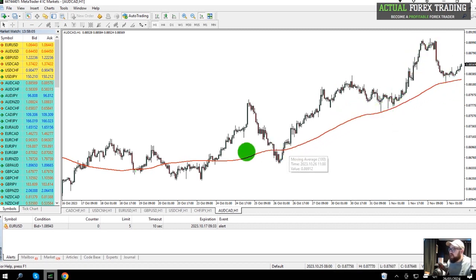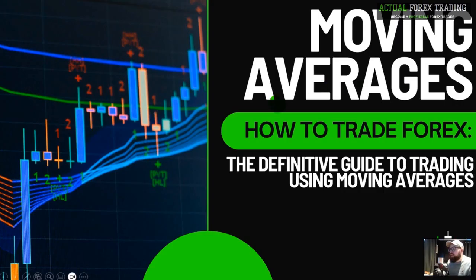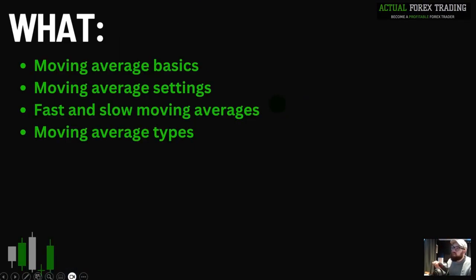We have this line, this wave, this thick red line. Let's have a look at my TradingView. I have two moving averages here. Let's do the green one. Let's get rid of the red one. So once again, I have this wave, this line on the chart. This is a moving average. That's the basics of moving averages.